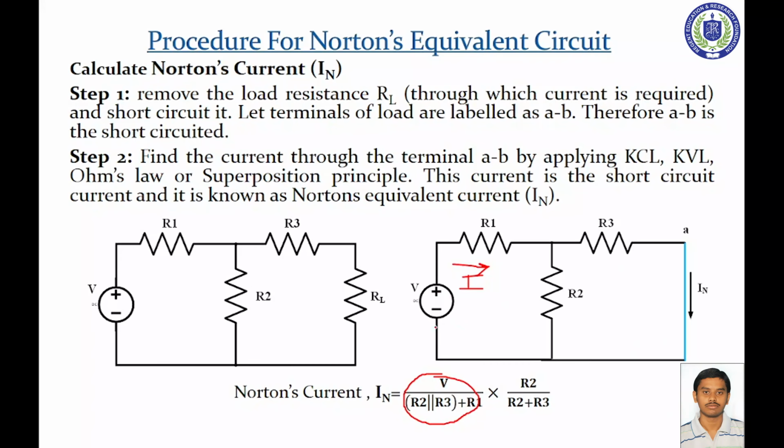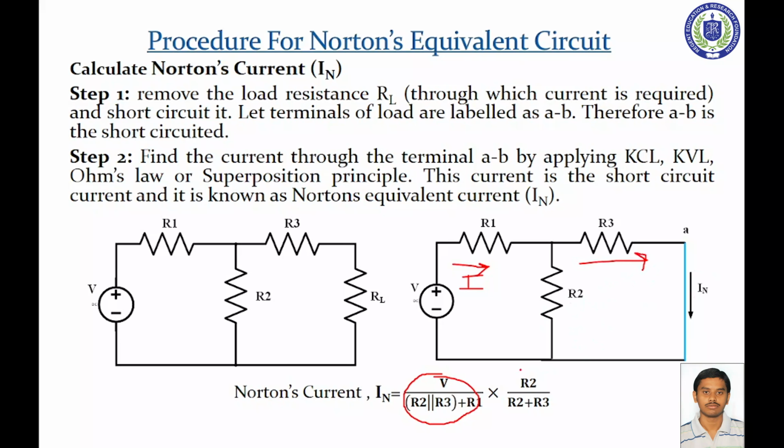So Norton's current IN equals V by the total resistance, because we have to calculate the total current for this circuit. R3 and R2 are in parallel, and R1 is in series with this. So the total current I equals V by R1 plus R2 parallel R3. Then we calculate IN, the current through this portion.